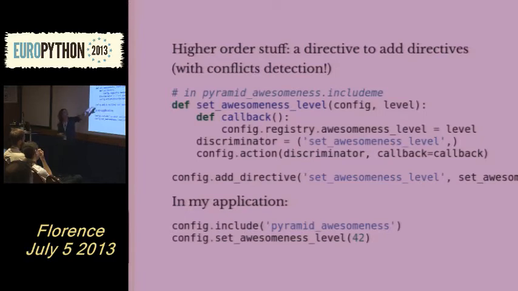I then call config.add_directive to add this new directive, and once I import this Pyramid awesomeness module, I can just call config.set_awesomeness_level to any level like 42. This means that a library writer can add directives that are exactly like the built-in directives. It's possible to add hooks, and it's really useful when writing libraries.